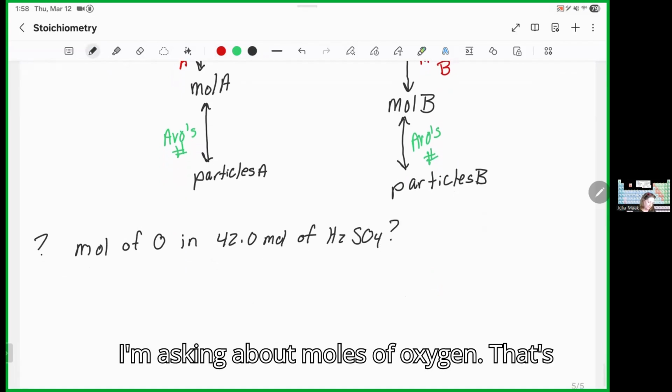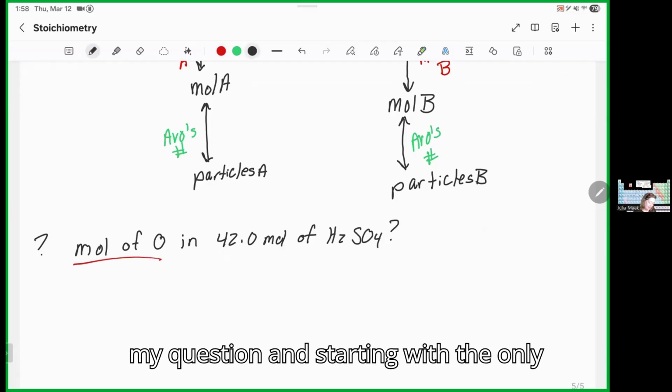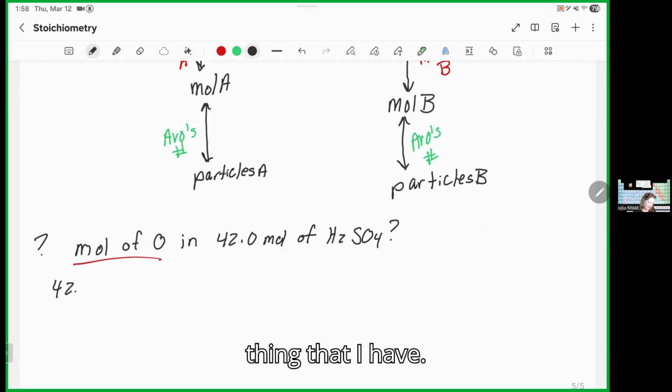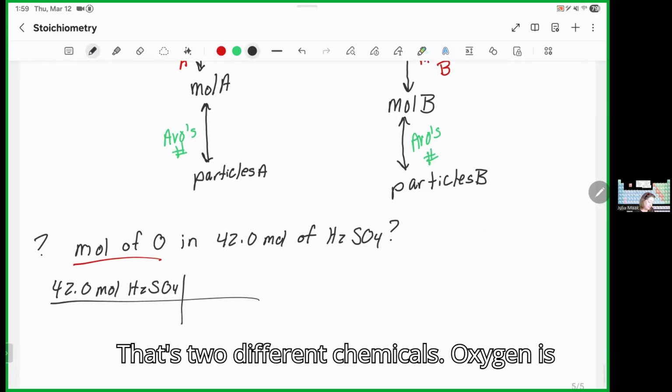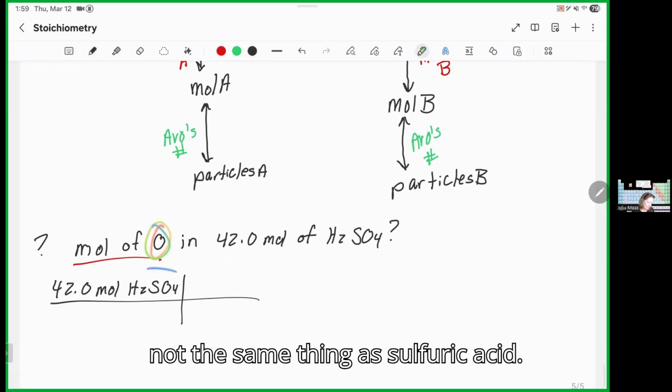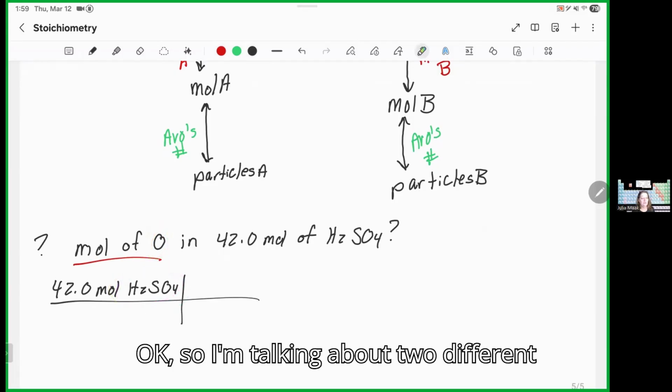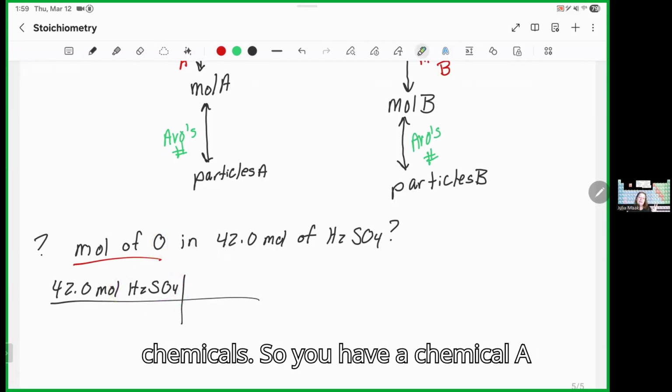So I'm asking about moles of oxygen. That's my question, and I'm starting with the only thing that I have. That's two different chemicals. Oxygen is not the same thing as sulfuric acid. So I'm talking about two different chemicals.